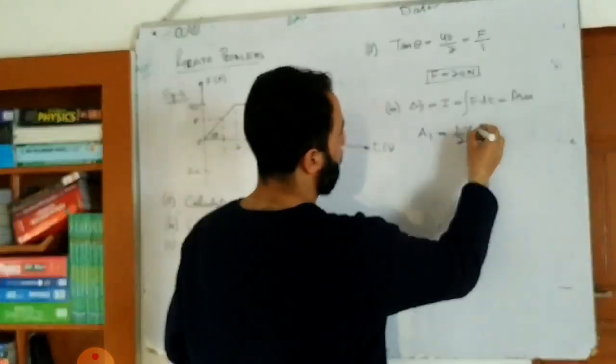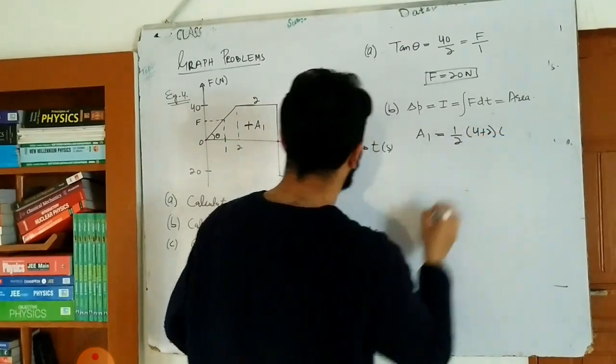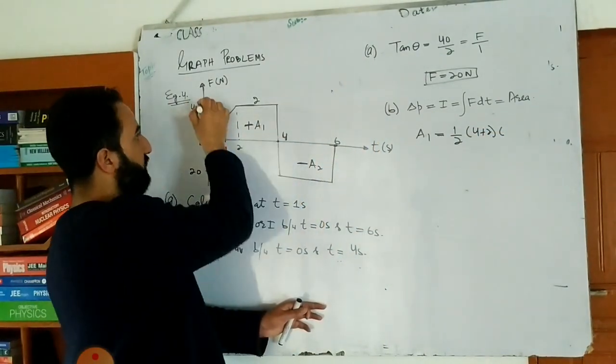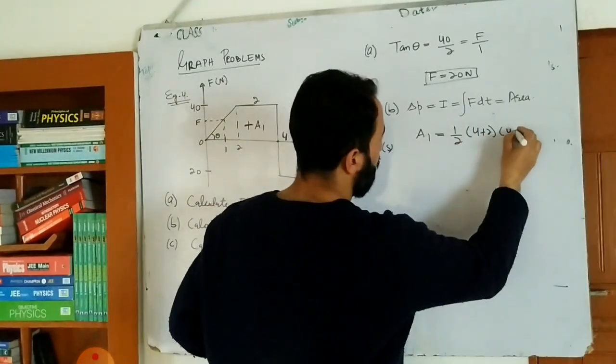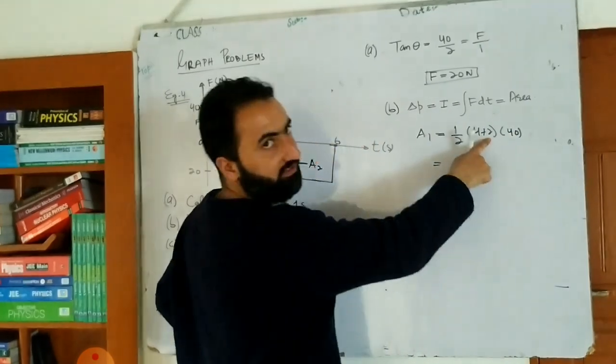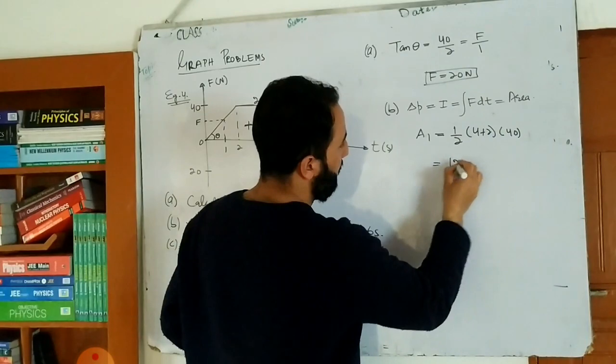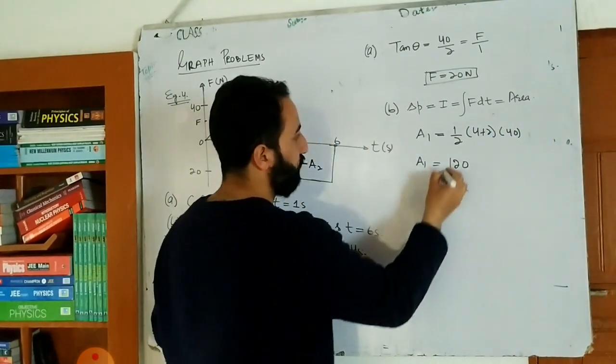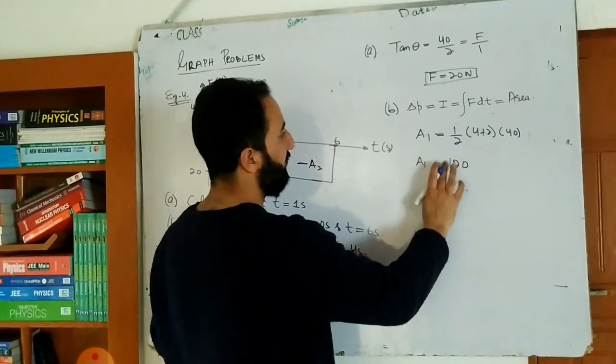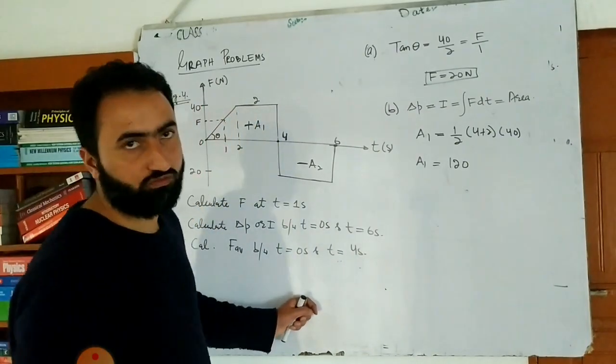So 1 by 2, parallel sides 4 plus 2, multiplied by perpendicular distance, that is this, which is equal to 40. So 4 plus 2 is 6, 6 by 2 is 3, 3 into 40 is 120, so area A1 is 120. And take it positive. So this is positive, ठीक है ना बेटा? Or simply like this, area A1 is 120.